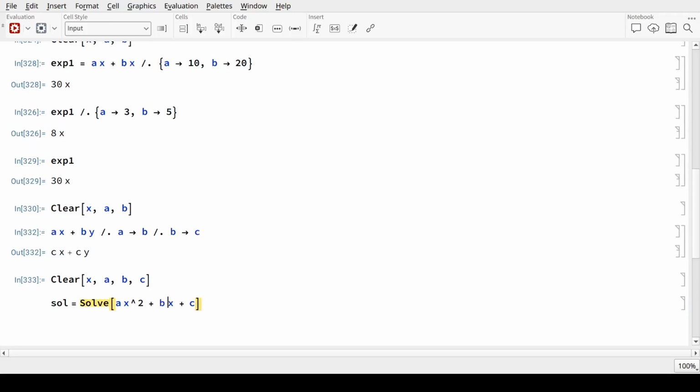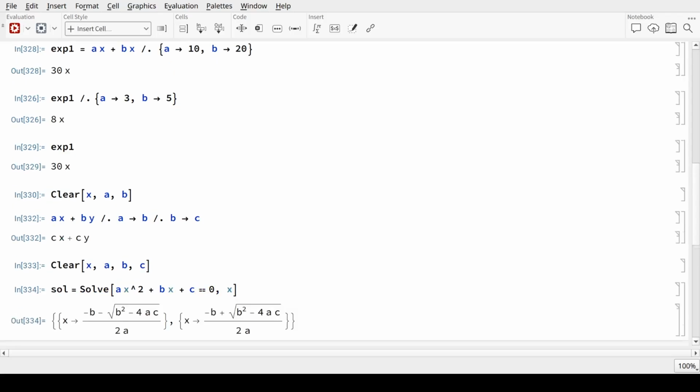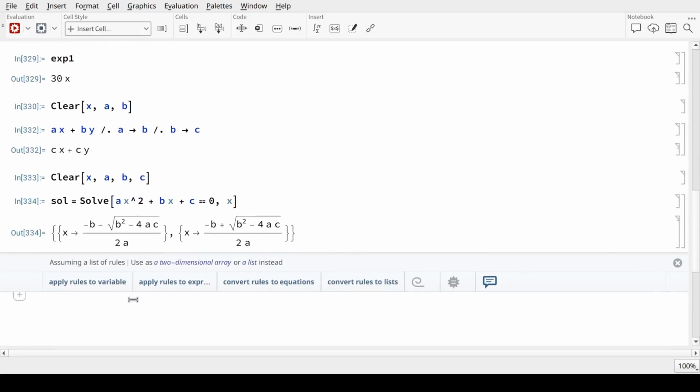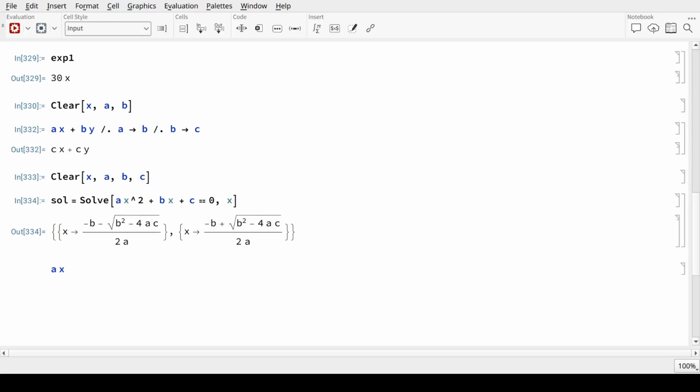And ax squared plus bx plus c equals 0, and we solve it in terms of x. We get two solutions for the quadratic equation. And afterwards, if we want to verify the solution is right, we just say ax squared plus bx plus c equals 0.